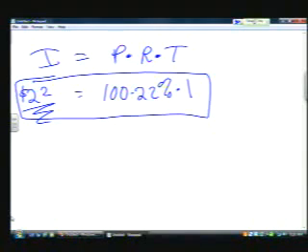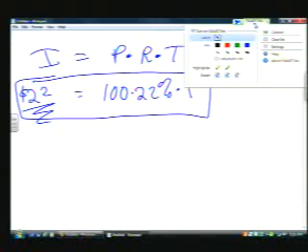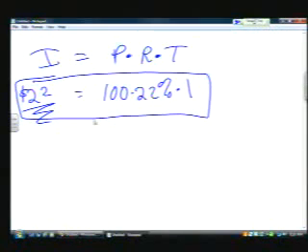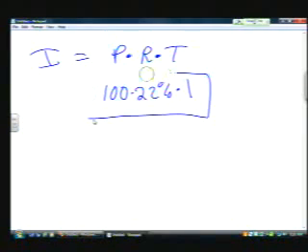Now the advantage of knowing algebra is that you take this one formula, and with algebra, you can solve it just like we did. I'm going to erase this part.